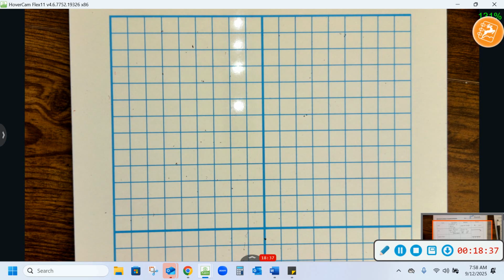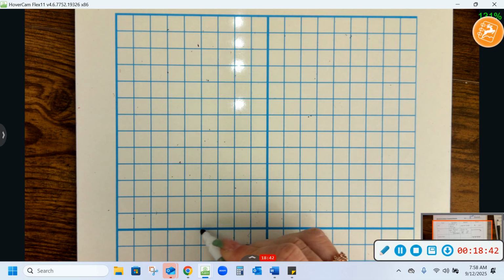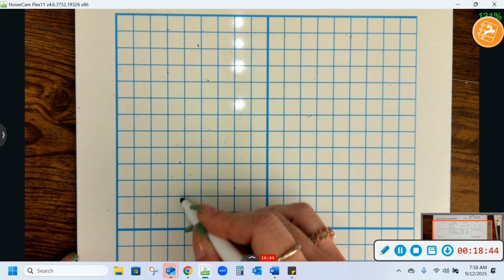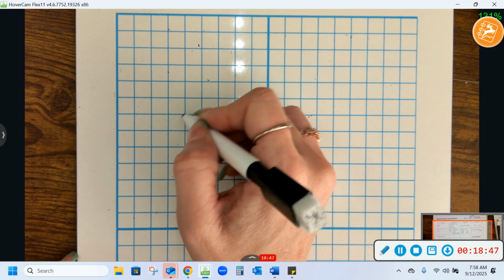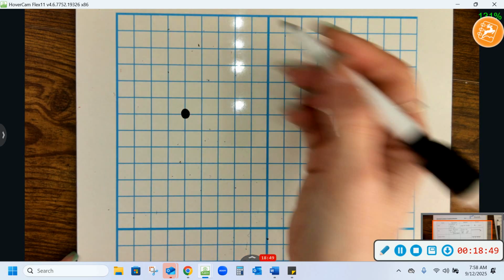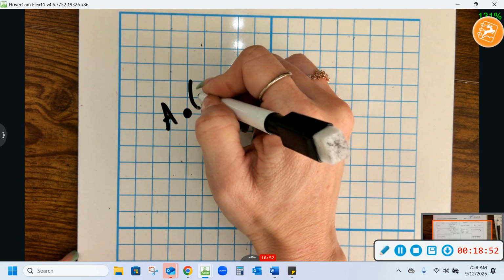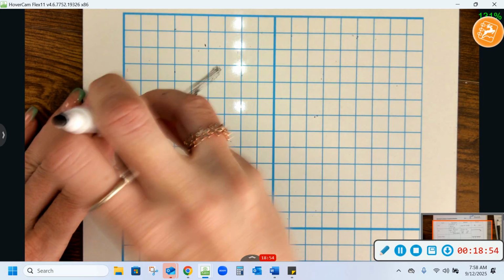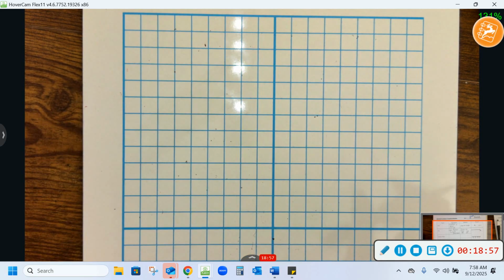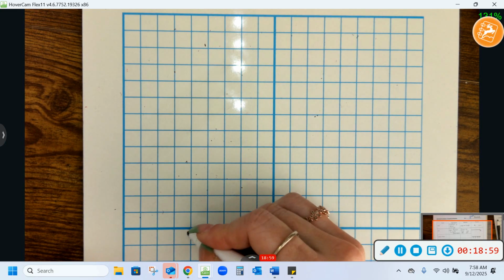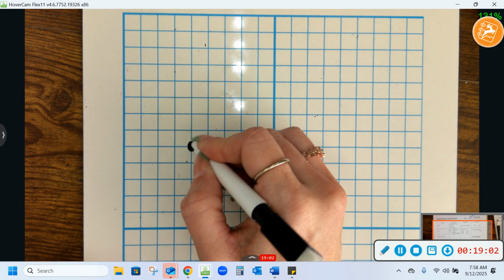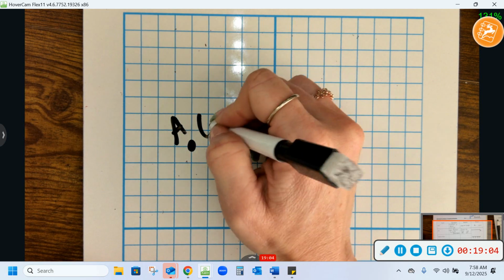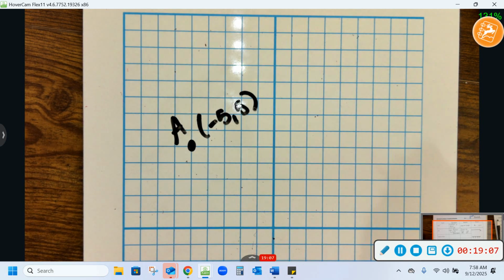So go ahead and plot A and B on your board. And after you plot your point, write your coordinate point numbers right beside it so that you have that and you don't have to keep going back and forth from your paper.